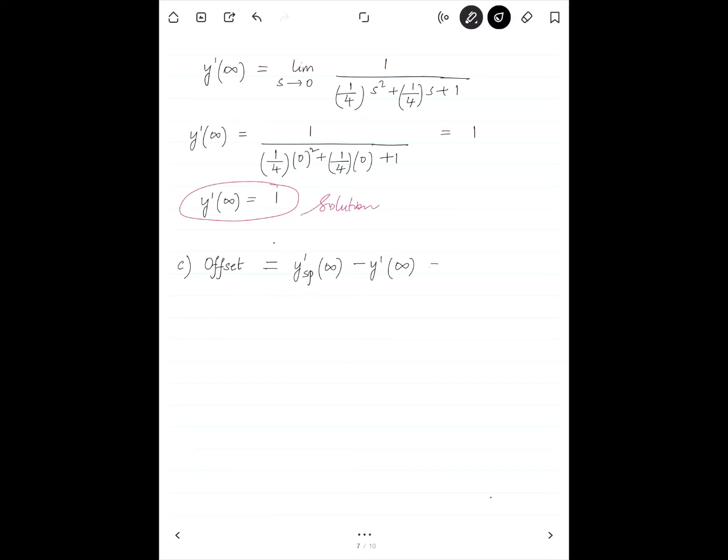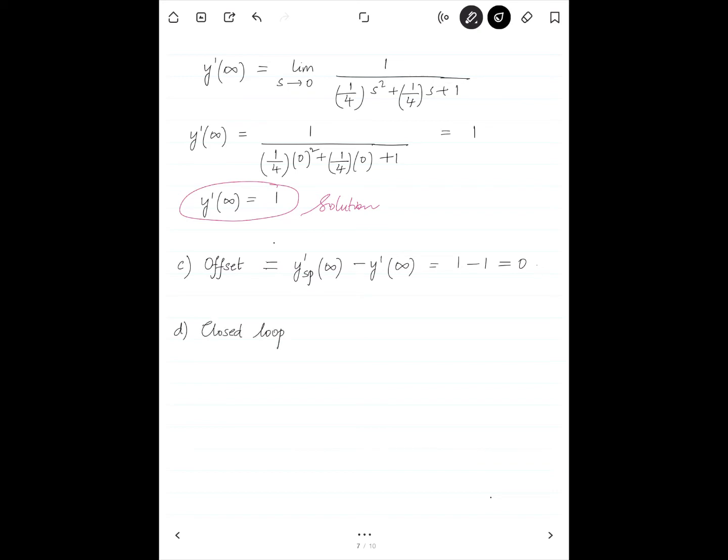Now, we are told over here that there is a step change in YSP. So we have 1 minus 1 equals 0. There is no offset with this form of a controller for this system for the step change in the set point. And that would be the final answer for part C.